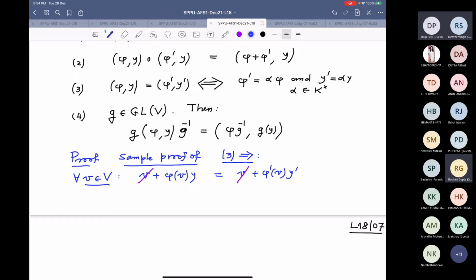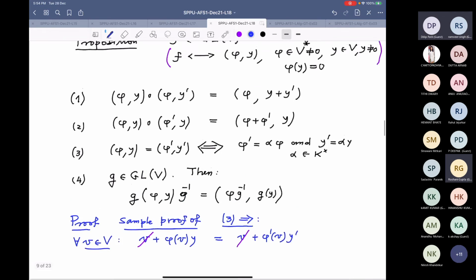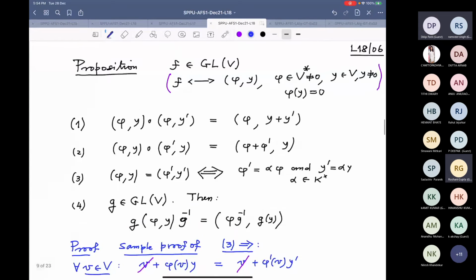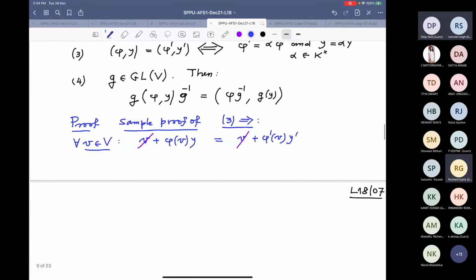So now from this equality, phi and phi prime are linear forms. They are non-zero linear forms. Remember, in all this notation, y prime, phi prime, they are all non-zero. So therefore, there will be V where these are not zero.